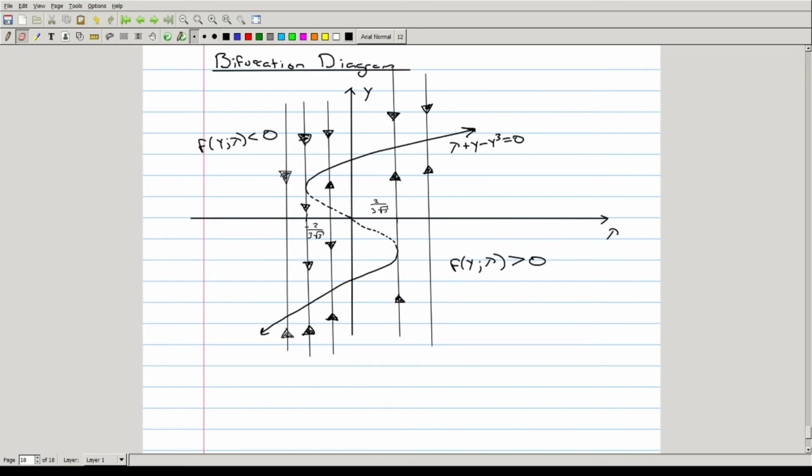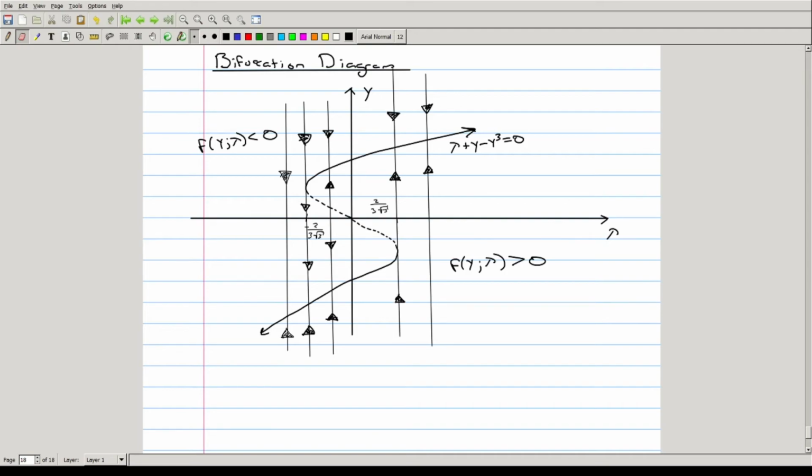And this then switches into having 3 critical values, 1 stable, 1 unstable, and the third one stable. And then as we increase to this point, we have 2 critical values again, 1 stable, 1 unstable. And then for lambda positive, we have that solutions are characterized by just 1 critical value.